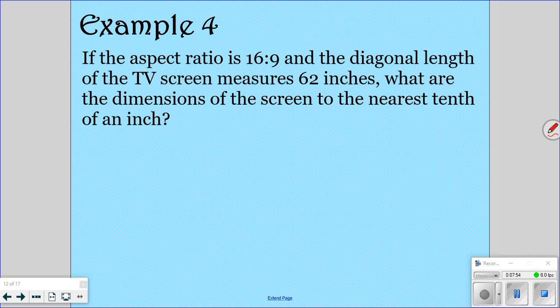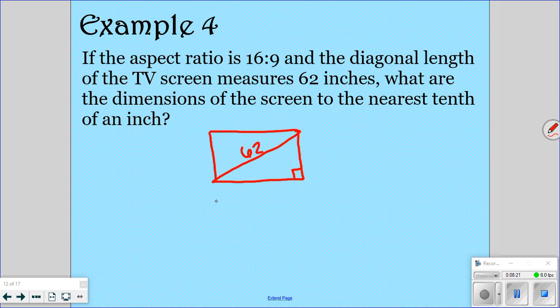Looking at this one, we have the aspect ratio of a TV is 16 to 9, and the diagonal length is 62. We want to know what are the measures of the screen to the nearest tenth of an inch. So I'm going to start off by drawing the information they gave me. 62 is the diagonal.